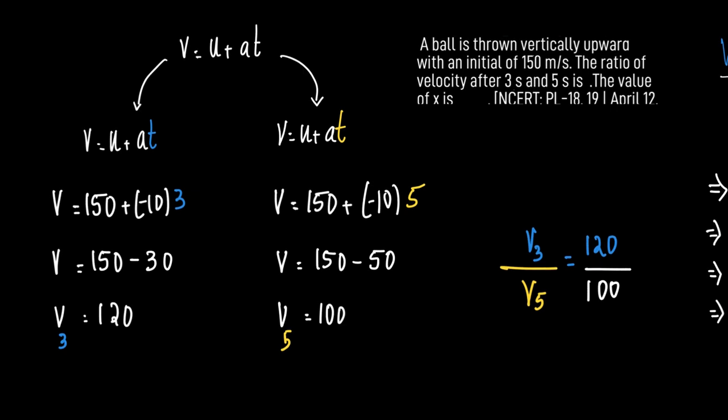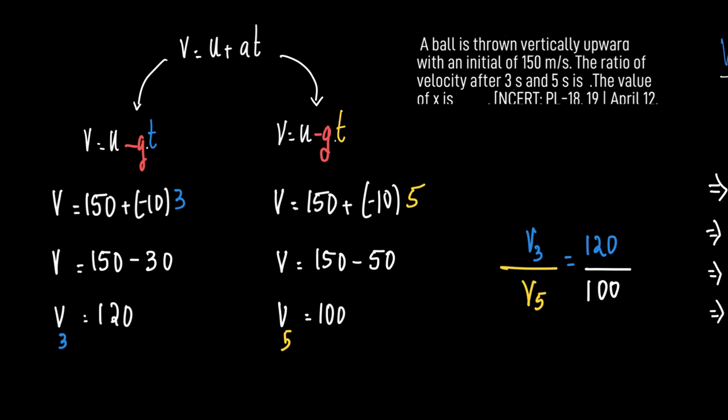So v is equal to u plus at here transforms to v is equal to u minus gt.